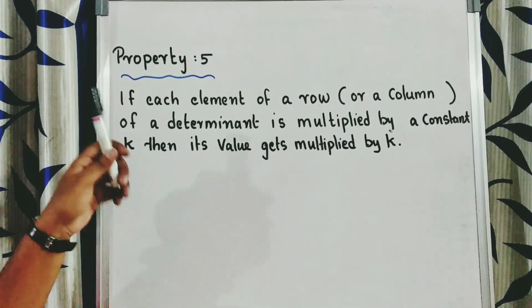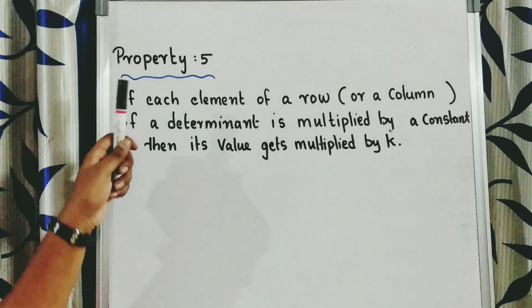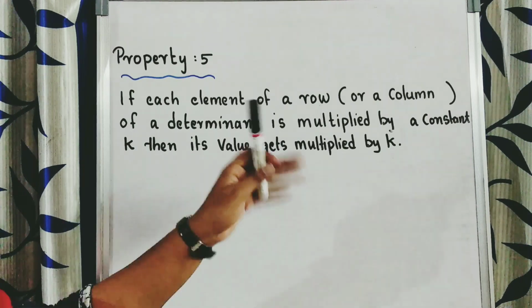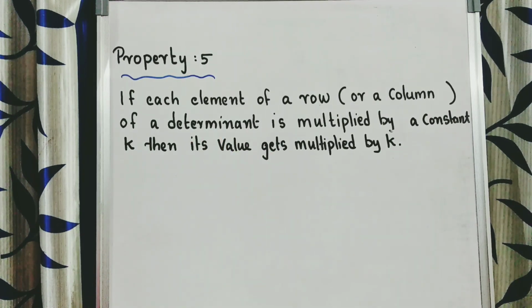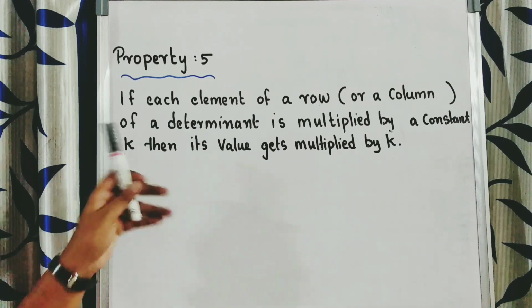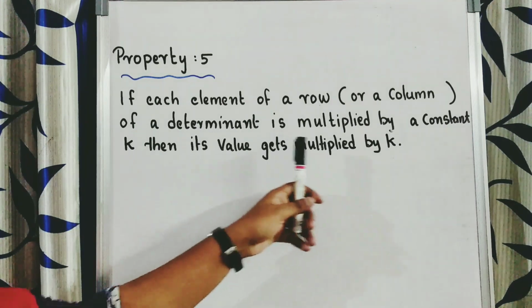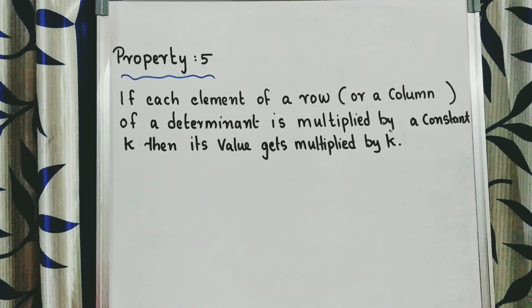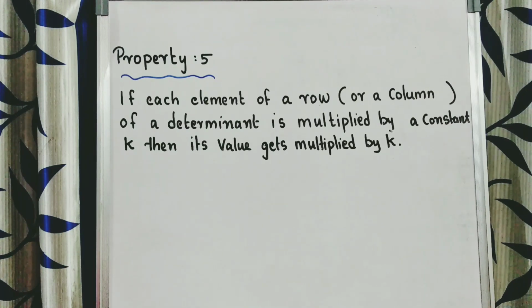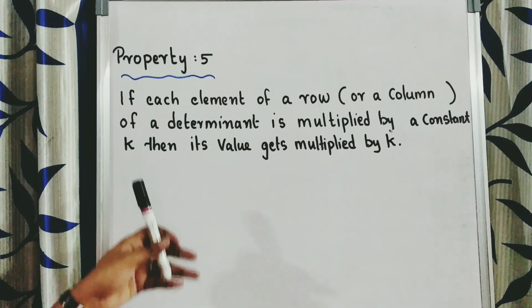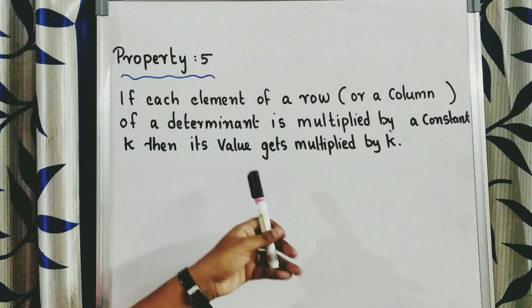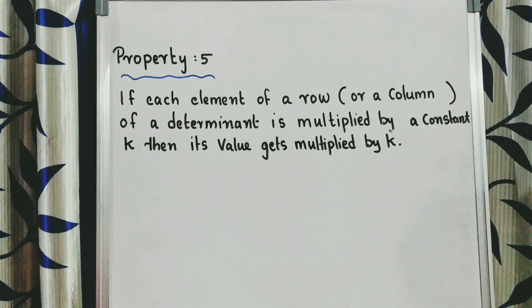Next is the fifth property. If each element of a row or a column of a determinant is multiplied by a constant k, then its value gets multiplied by k.